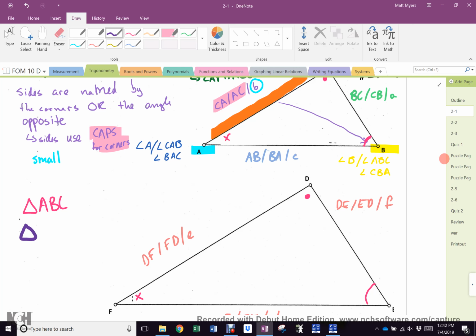FDE. Why? You have to go in the same order. I went the little angle to the big angle to the other little angle. So I got to go in the same order. FDE. Is everybody good?